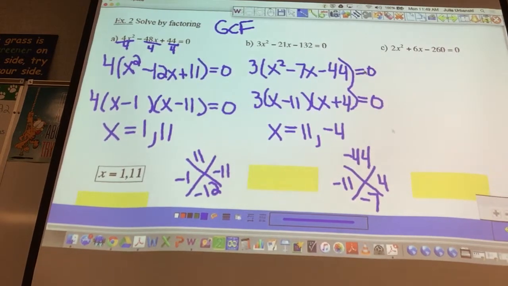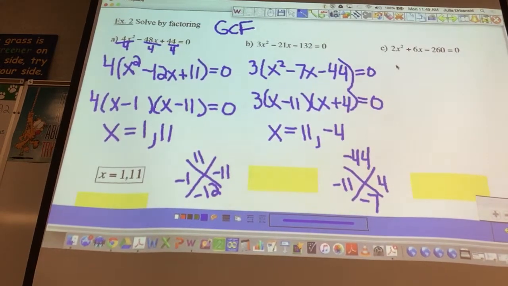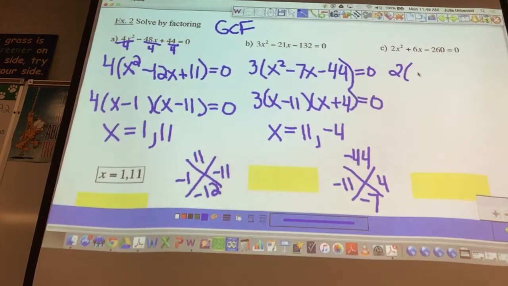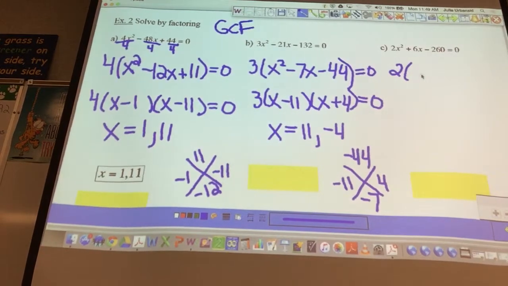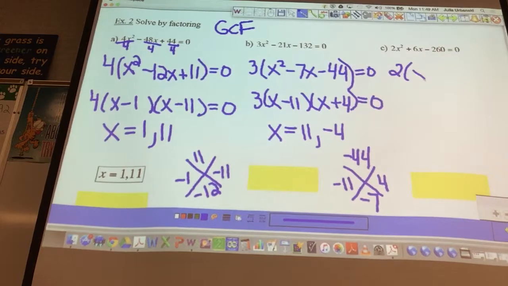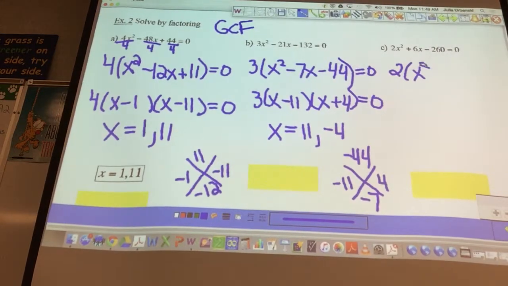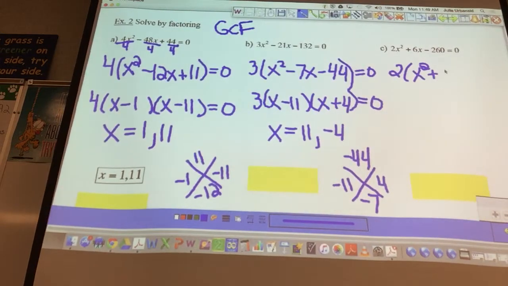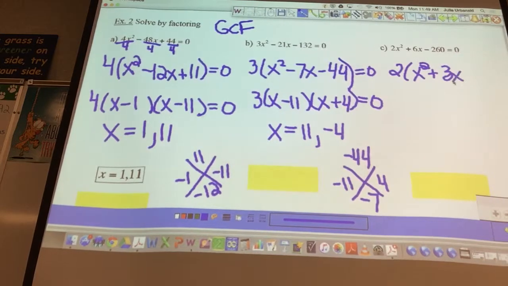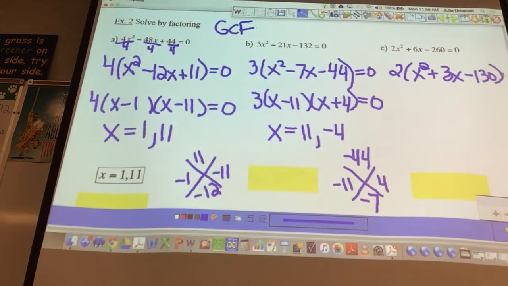All right, and the last one. It's divisible by 2. So 2, tell me what's inside. Minus 130. Minus 130, good. Took me a minute to think of those 2 numbers, but they're kind of easy.